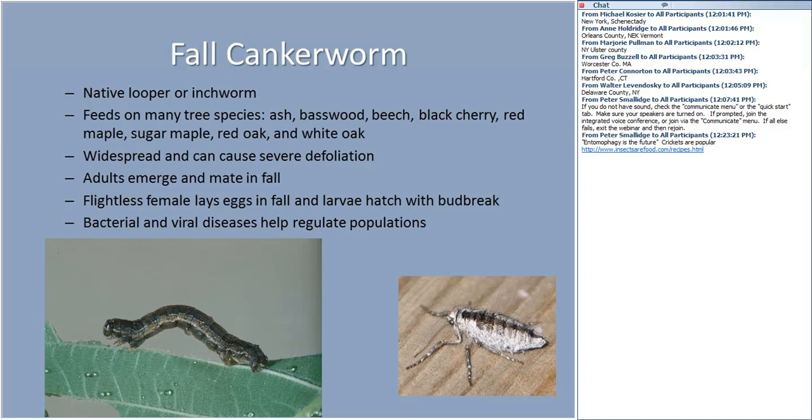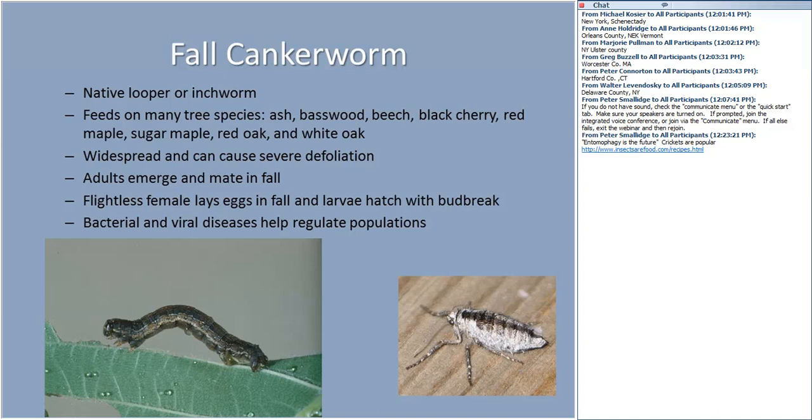It can defoliate large areas, but that's not very common. I have not seen really severe defoliation by fall cankerworm in the past 30 years here in upstate New York. If anybody else has seen it, I'd like to hear about that.